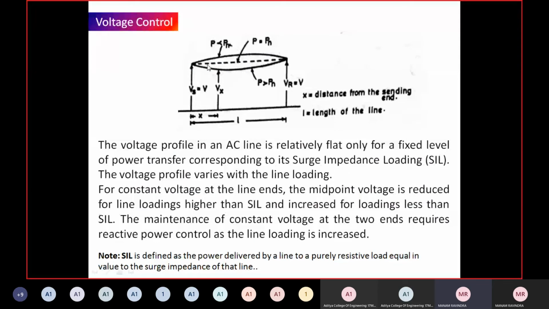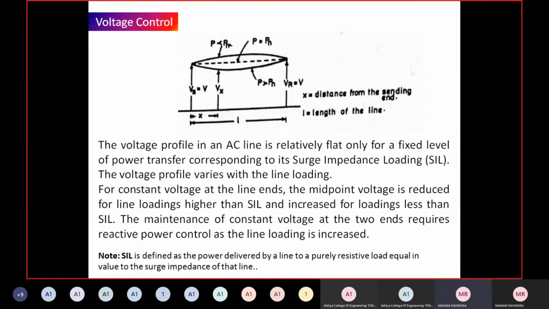This impedance is nothing but the impedance of the transmission line. This ZS is equal to the resistive load. Suppose the load at the receiving end is purely resistive, and the resistance of that load is equal to the impedance of the transmission line.